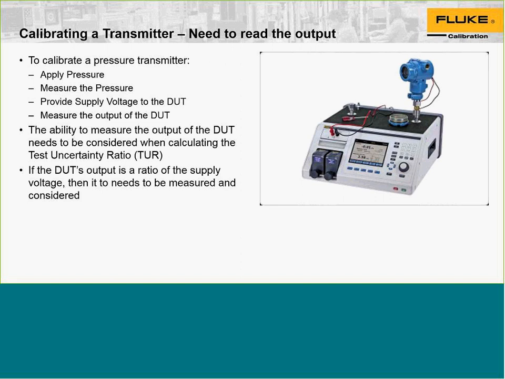Often it outputs a milliamp signal, say a 4 to 20 milliamp signal. That would be the transmitter. You can see here the term transducer, which often refers to a device that measures pressure and outputs a voltage.